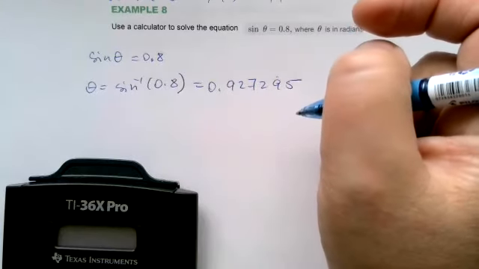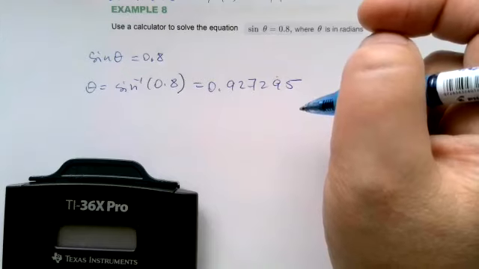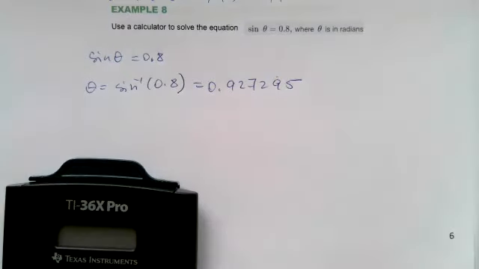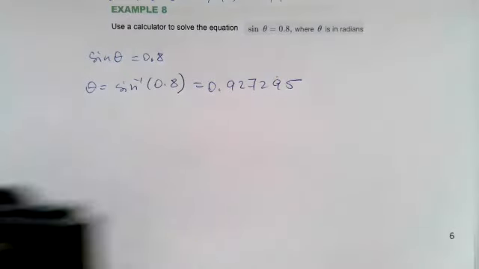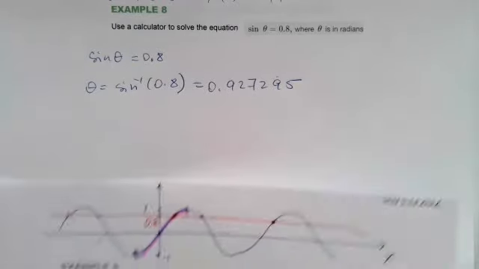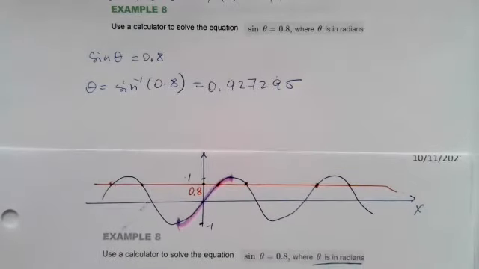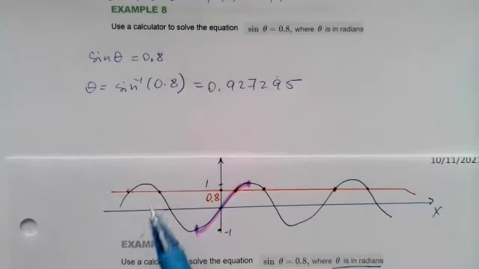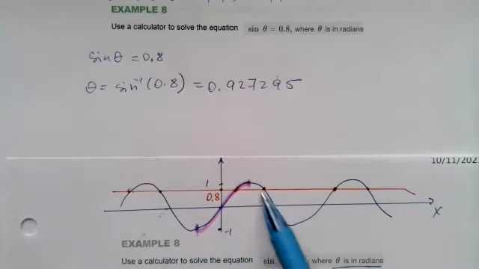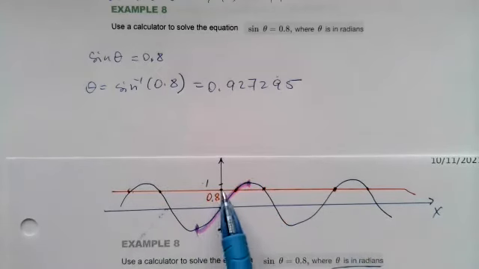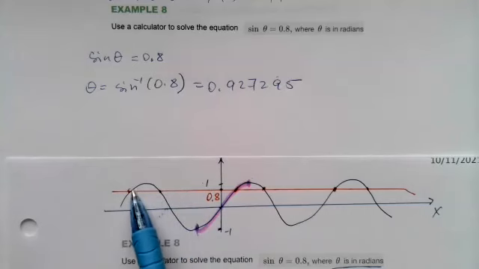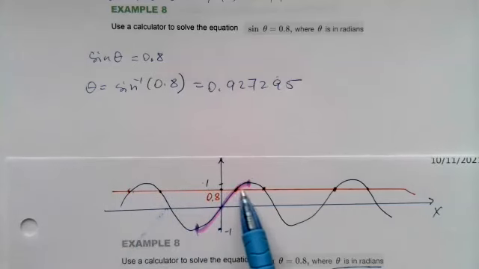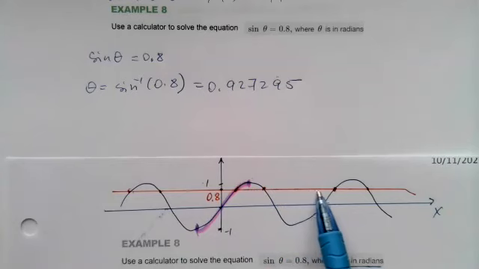Are we done? Unfortunately, not. Not so fast. Remember, when we were talking about our inverse sine function, we said, this is our sine function, and this is our 0.8. How many values of 0.8 do we have?